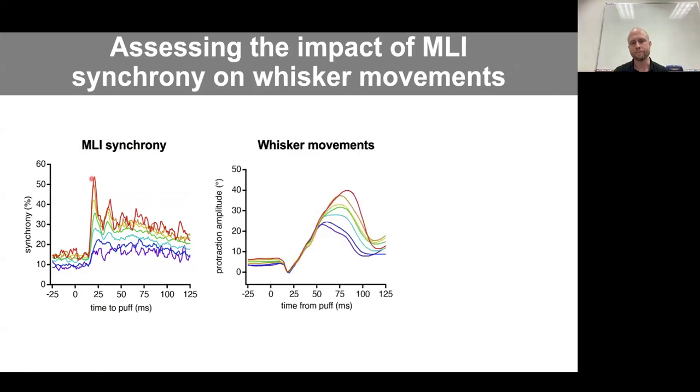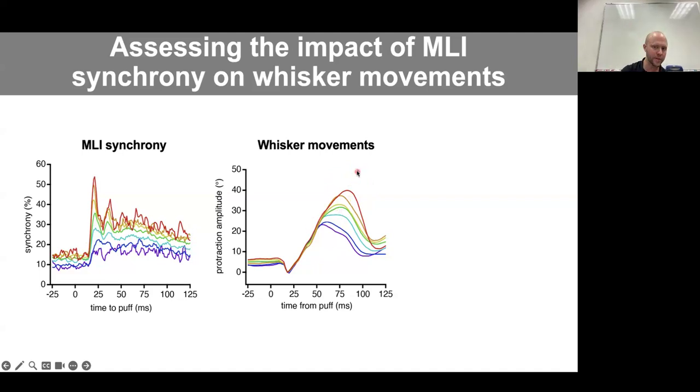And when we do that, we find that the evoked whisker movements tend to be related to the amount of peak synchrony during that early window, right? On trials with high synchrony, there are larger amplitude movements, and on trials with lower levels of synchrony, there are smaller amplitude movements.